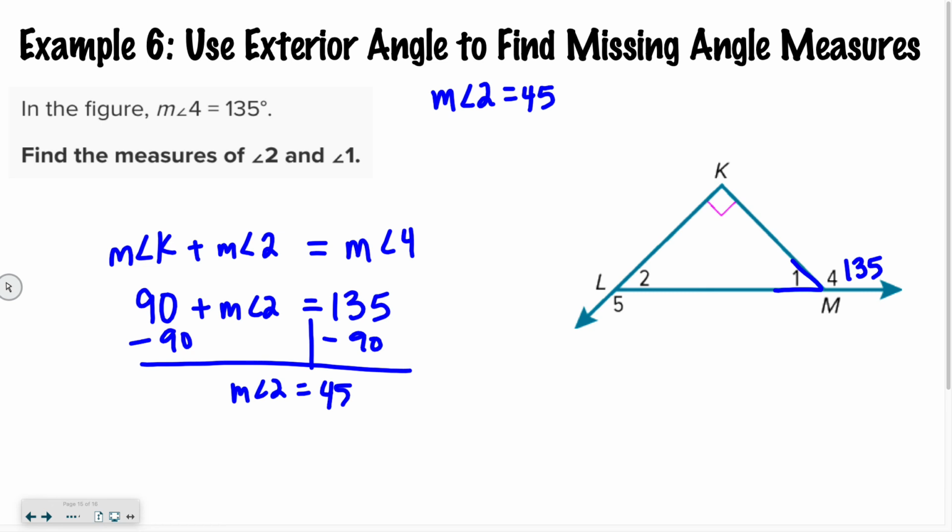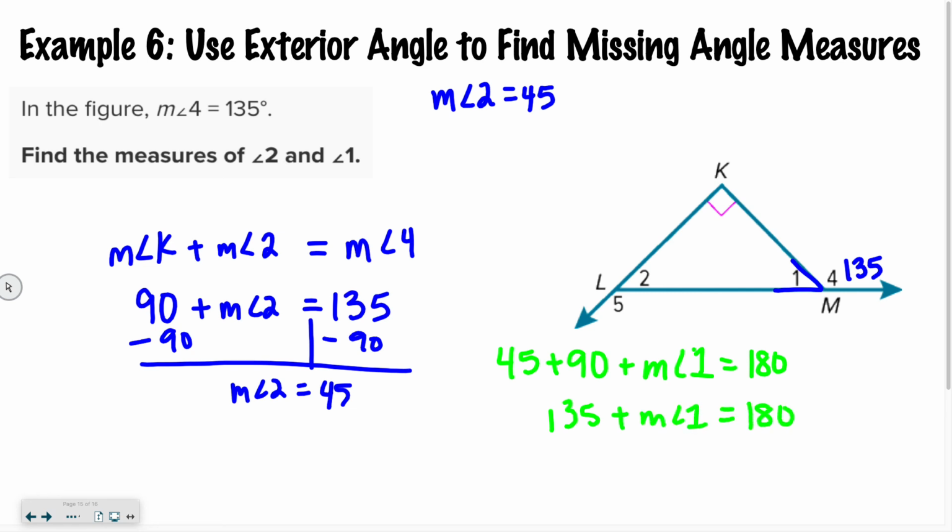So if we do the 180 degrees in a triangle, I would say the measure of angle 2, which we said was 45, plus 90 plus angle 1 equals 180. So 45 plus 90 is 135, plus the measure of angle 1 equals 180.